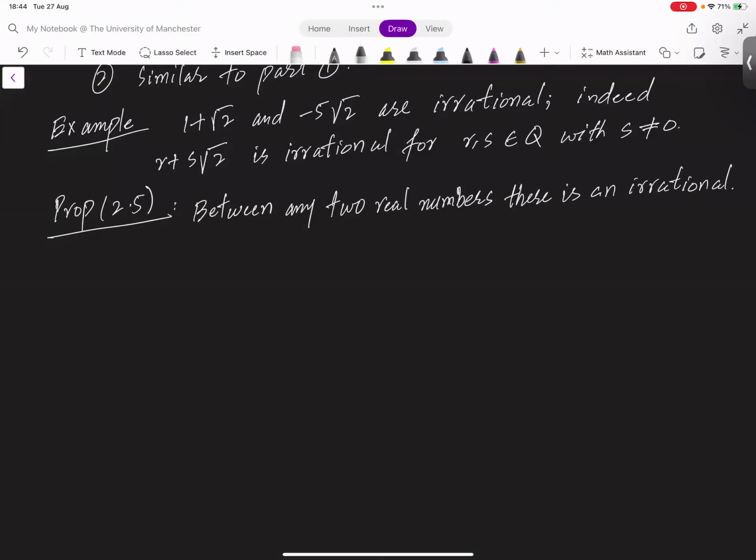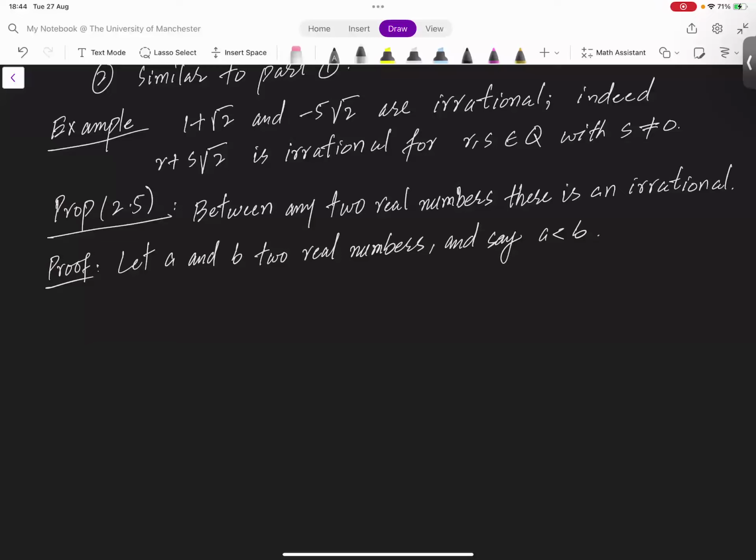You can prove this. We give the proof. Let a and b be two real numbers, and say a is smaller than b.